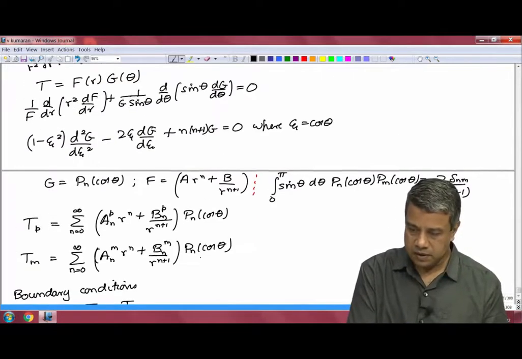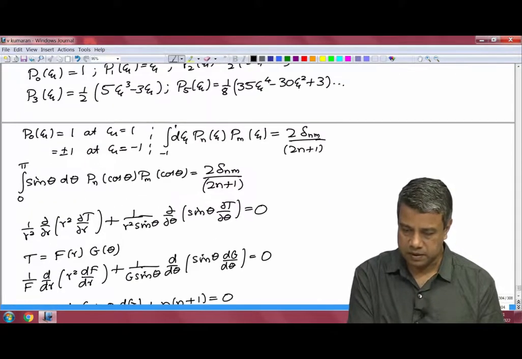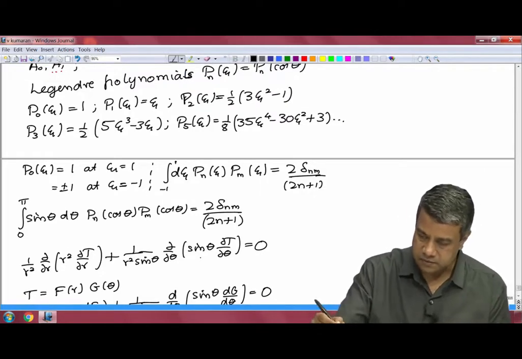And if you recall, I had written down the first few solutions for the Legendre polynomials for you earlier. So, these were the first few solutions.